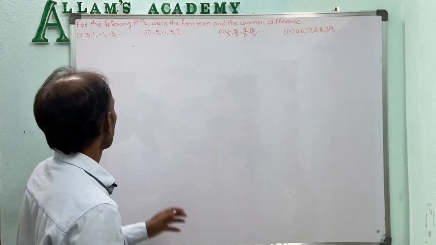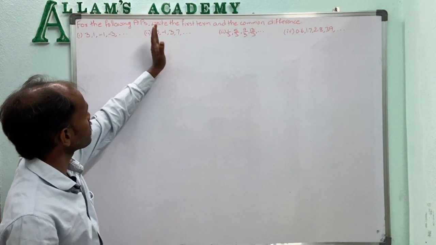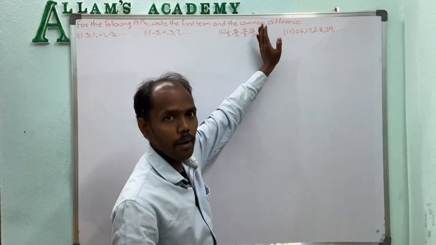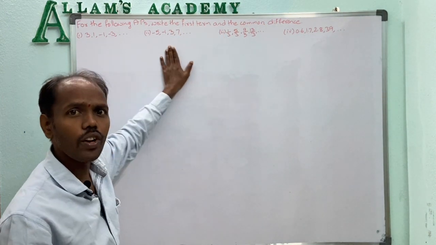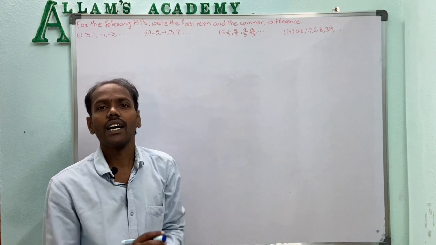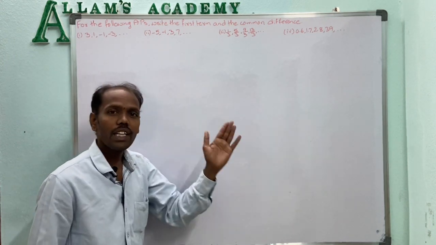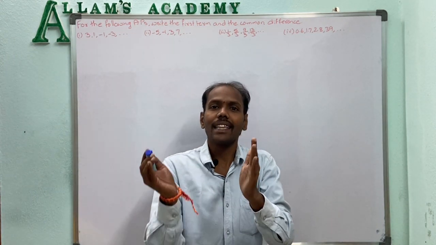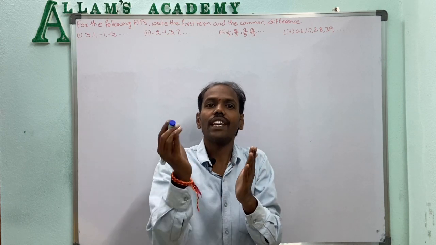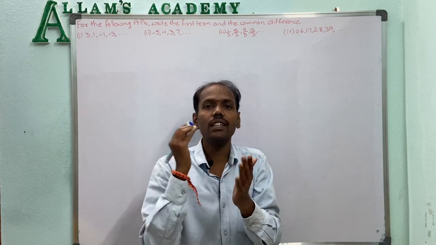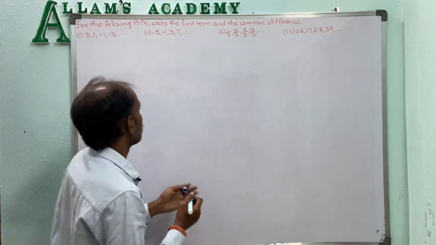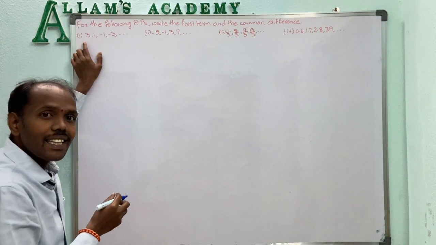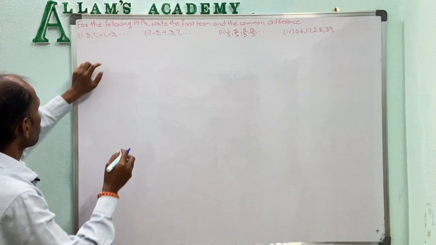Here the given problem is, for the following APs write the first term and the common difference. The common difference is nothing but the difference between any two subsequent numbers, and the first given term is the first term. So the first series 3, 1, minus 1, minus 3.